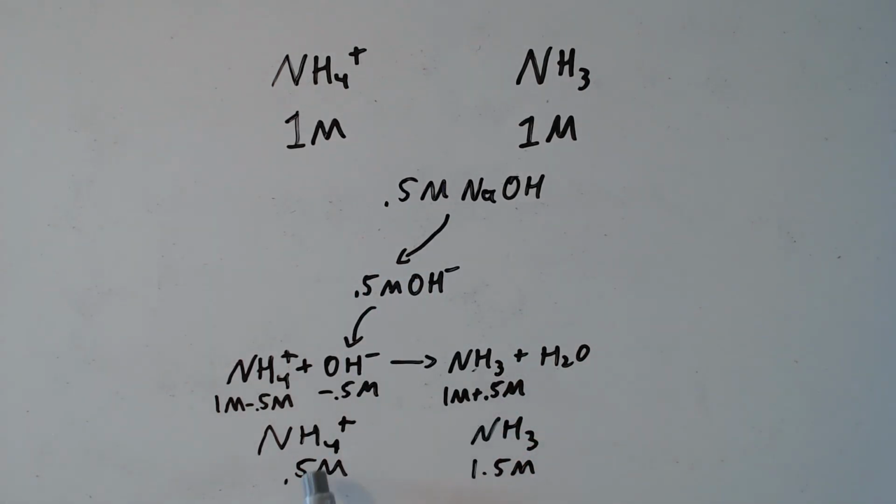And now we have these new concentrations established. And these new concentrations also remain essentially constant, because again, the reactions between these two are pretty weak. So now we can just use these new concentrations to calculate the pH using our Henderson-Hasselbalch formula, and I'll show you an example right now.